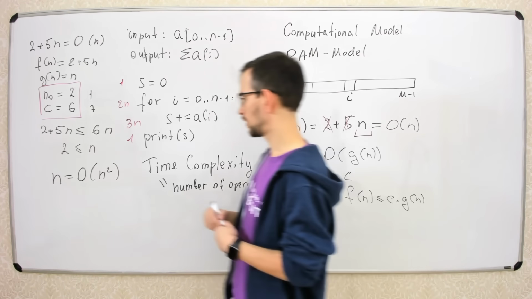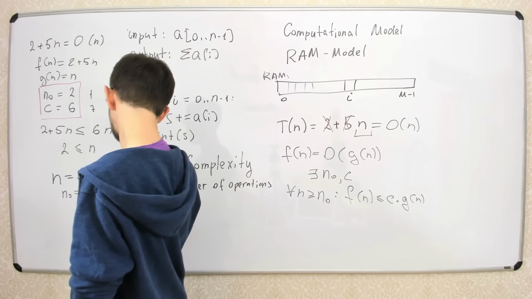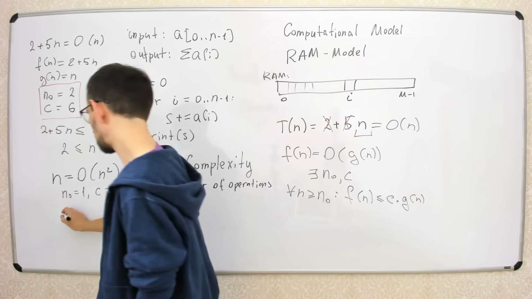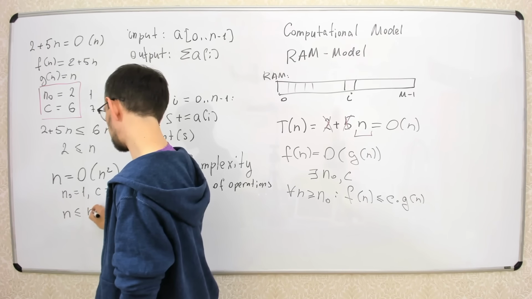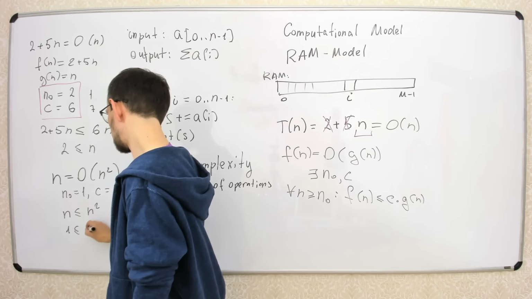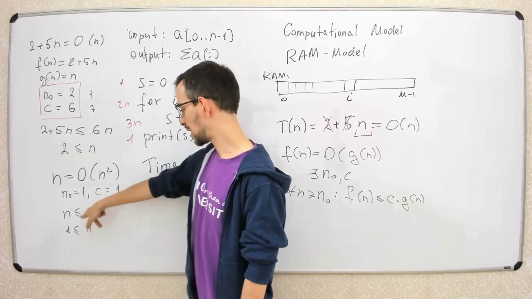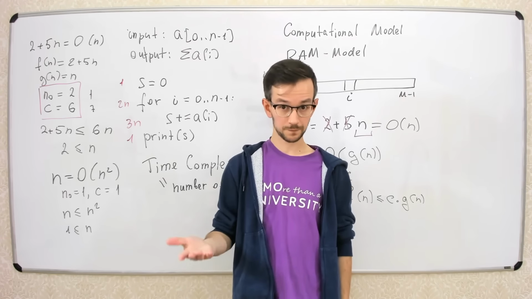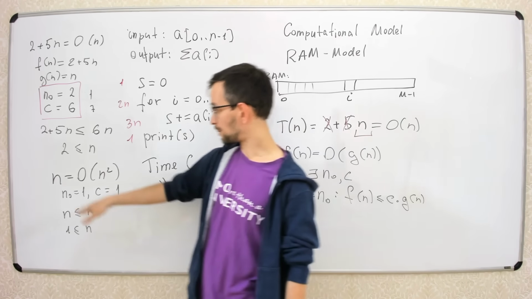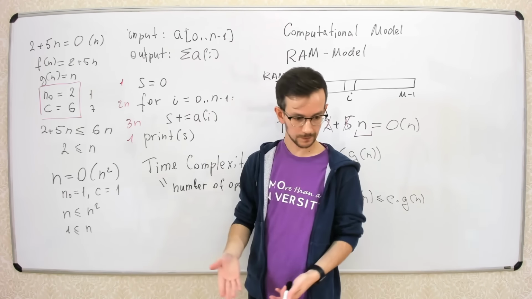Let's take n0 equal to 1, c equal to 1. So we have n is less or equal than n squared. That is true if n is greater or equal than 1. So formally, n is big O of n squared.